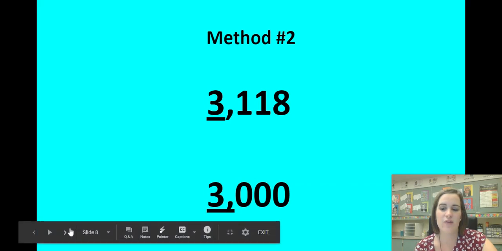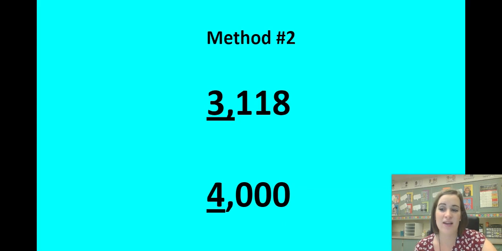Okay, so now next I'm going to add 1 to the digit in the place you are rounding to. So again, we're rounding to the thousands place. So this will be the higher number, 4,000. If I add 1 to 3, I get 4.